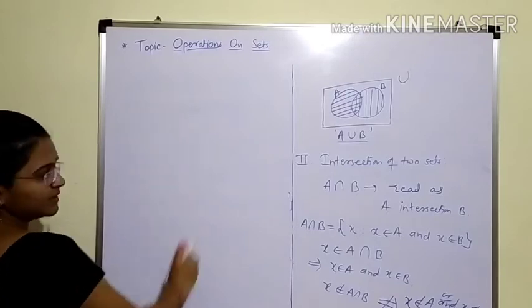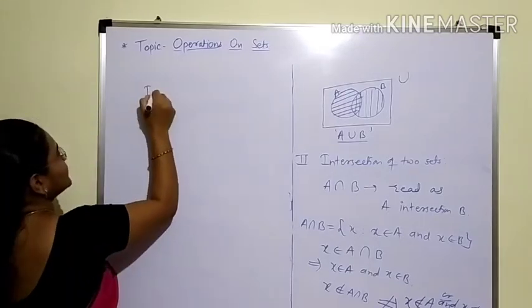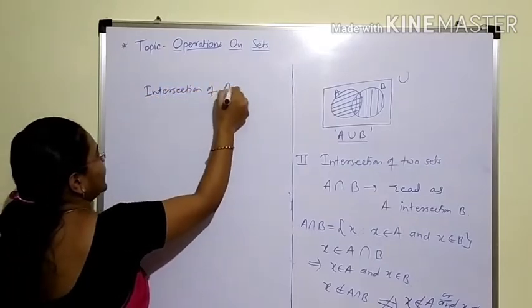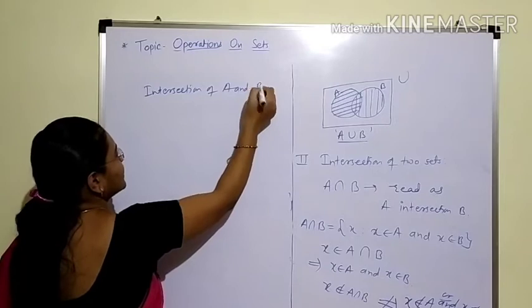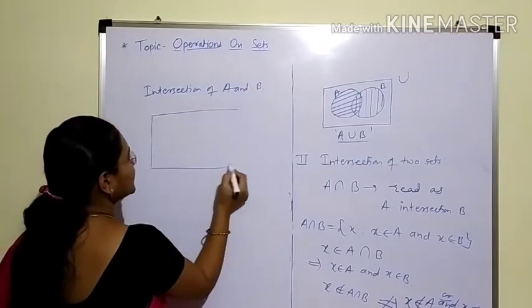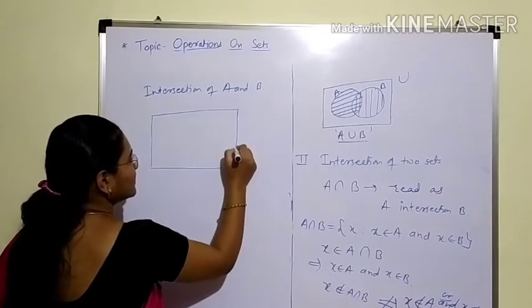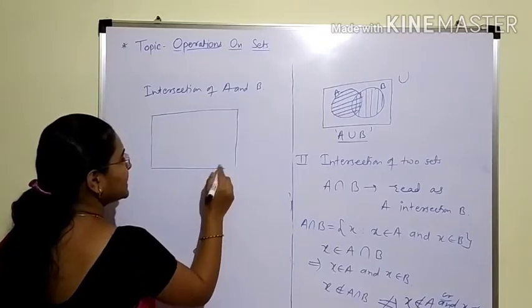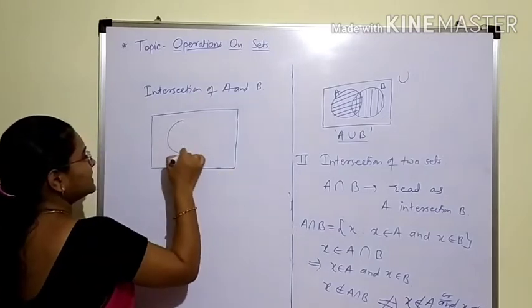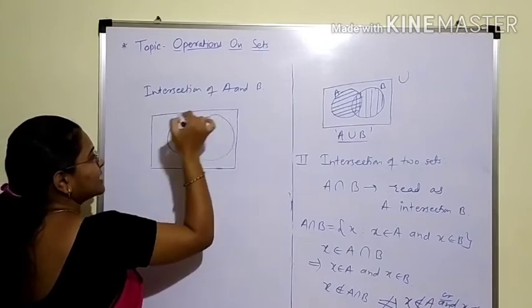So we'll draw the Venn diagram for showing intersection of A and B. For this we draw the universal set using a rectangle, and sets inside the rectangle we draw by circles.